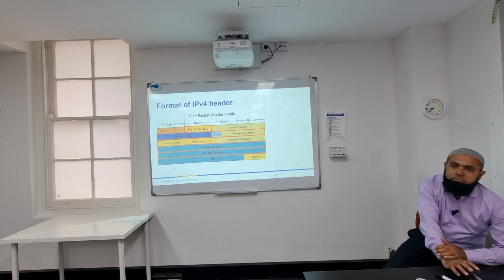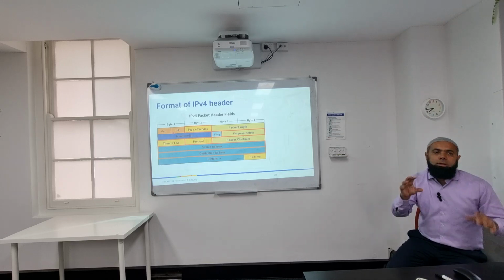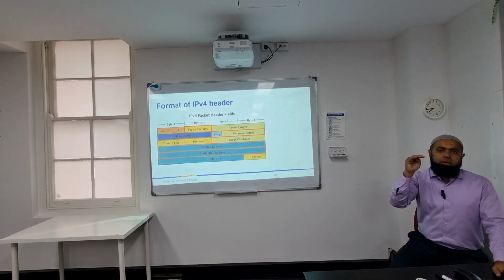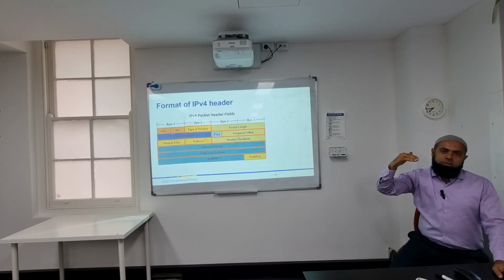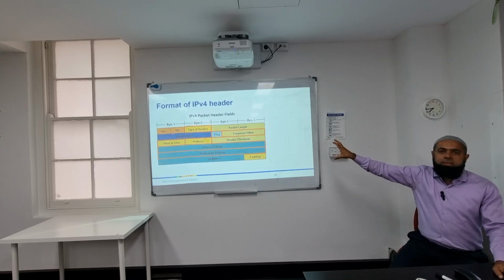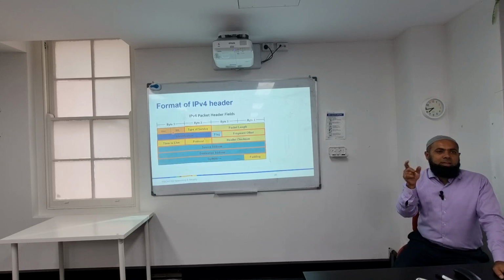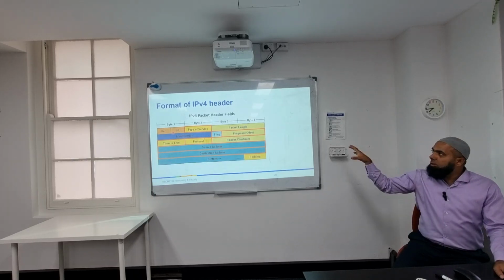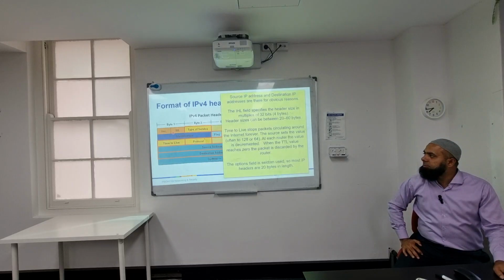All have different jobs to do. I'm not going into that detail. Remember that we are on the layers, starting from application, transport, then network. So at the network layer, these things are added. Remember the last time, the Ethernet frame. So this is your IPv4 header format, how it looks.